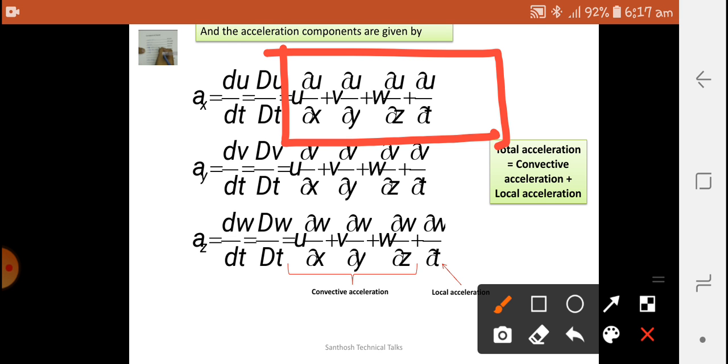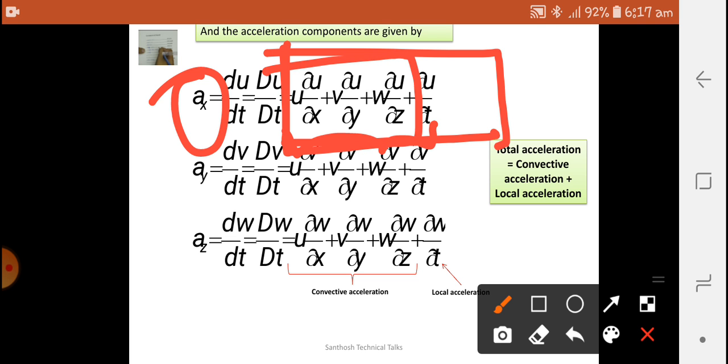Here, this is the total acceleration of a fluid, and the first three terms are the convective acceleration, and this last term is the local acceleration. The total acceleration is nothing but the sum of convective acceleration and the local acceleration.